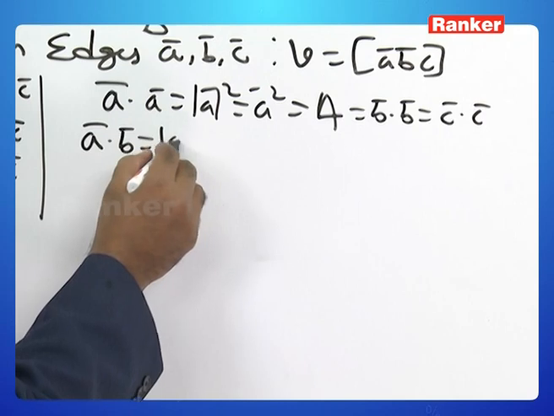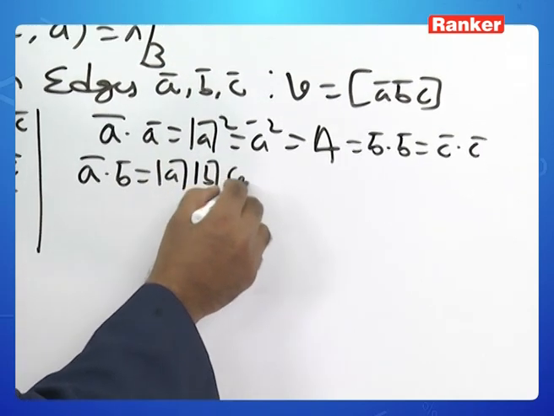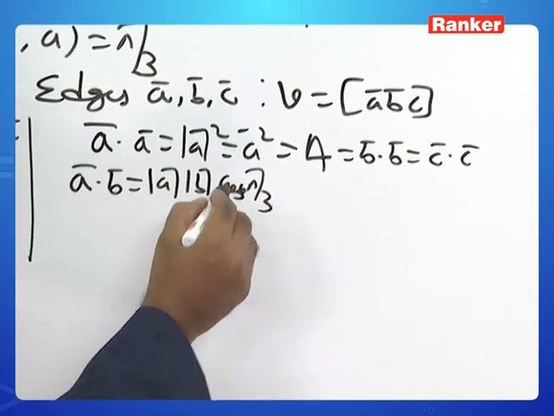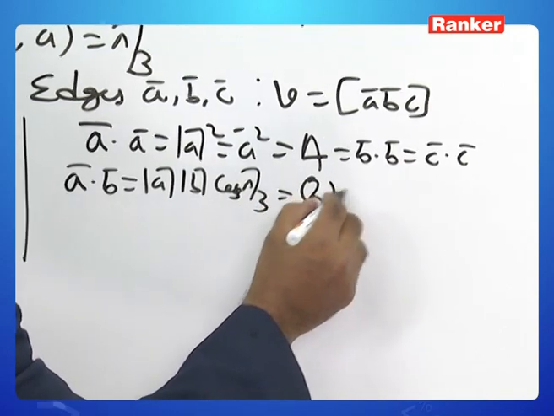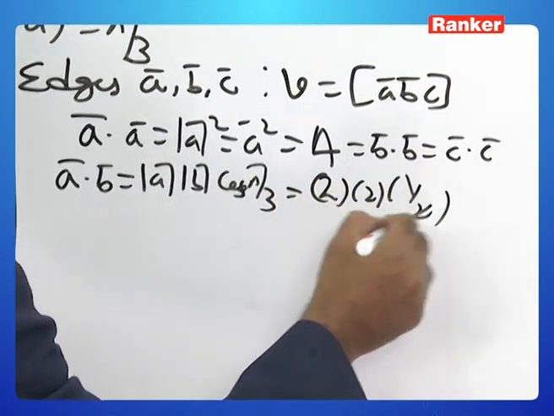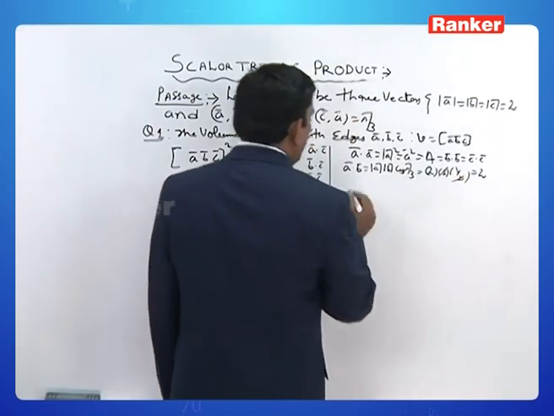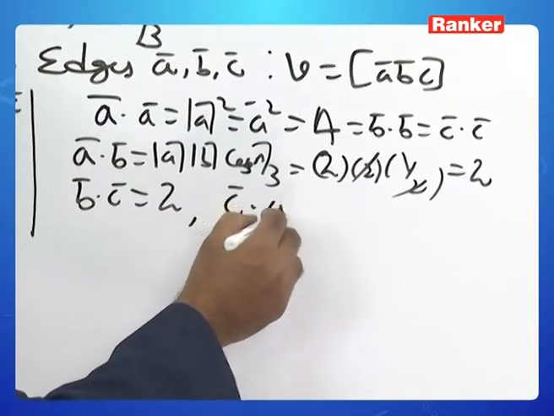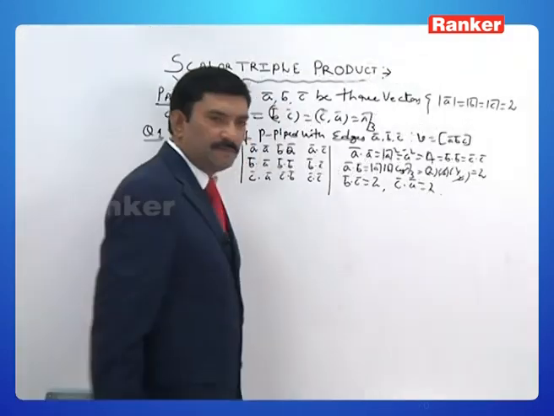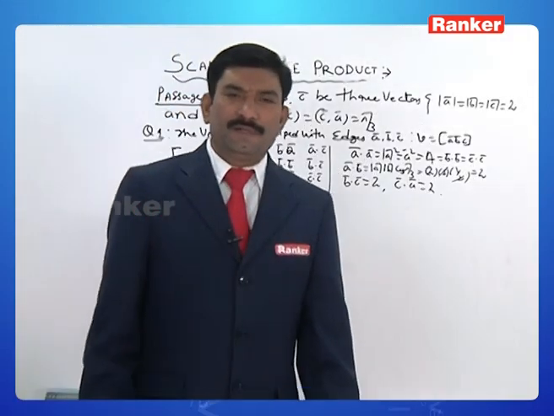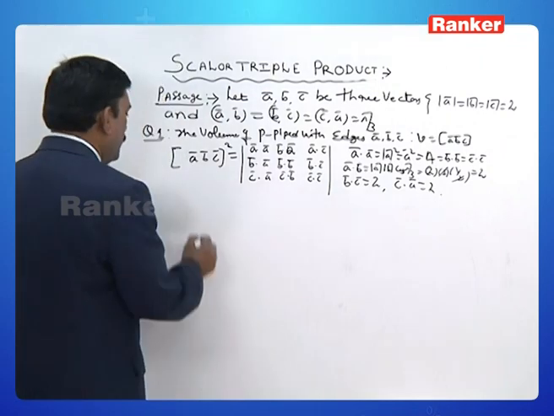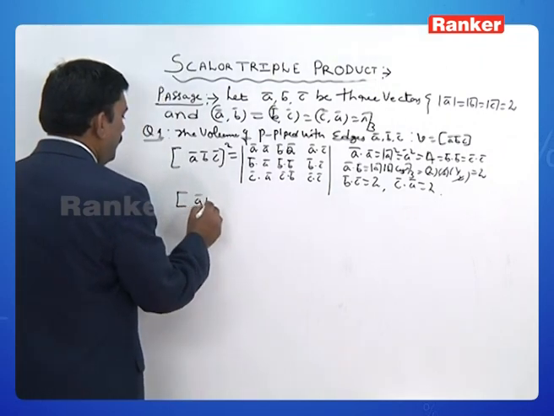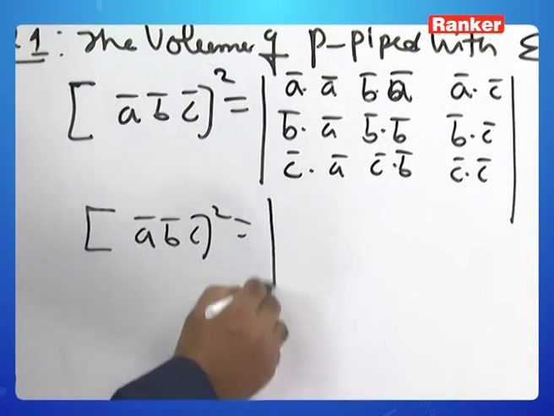A dot B is equal to mod A into mod B into cos pi by 3, so 2 into 2 into 1 by 2, which is 2. Therefore B dot C is also 2, and C dot A is also 2. Followed? Now I find out box of A bar, B bar, C bar whole square.